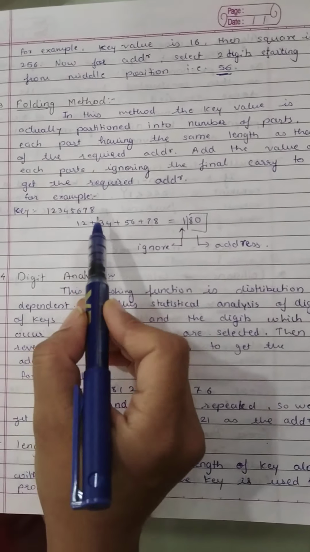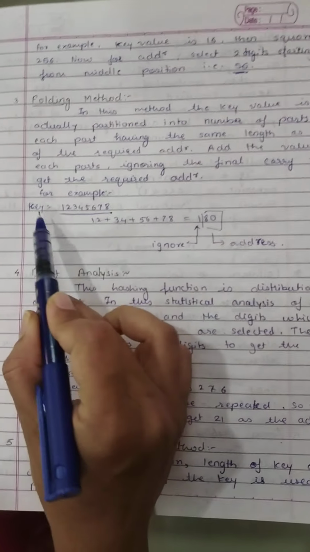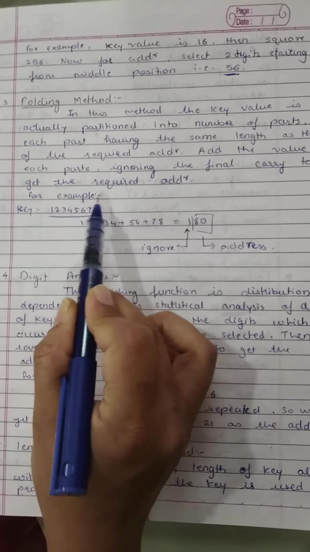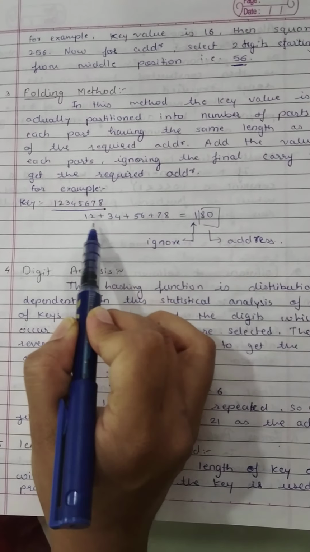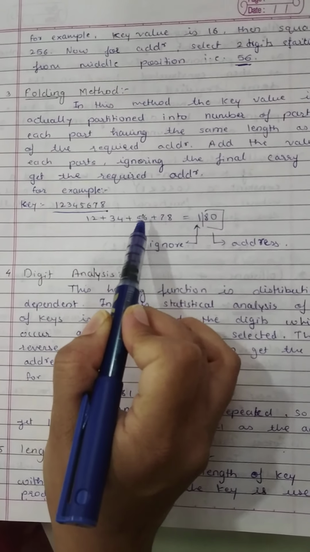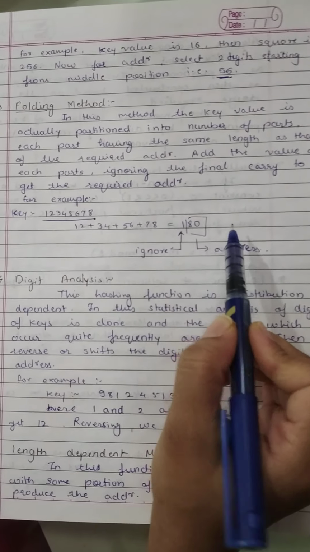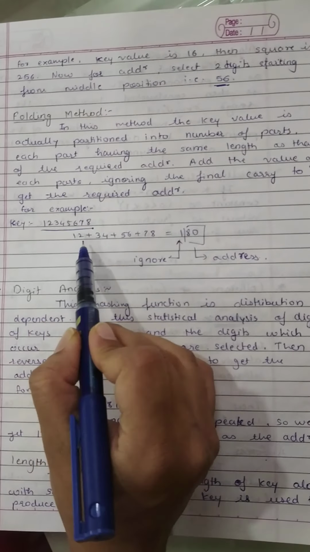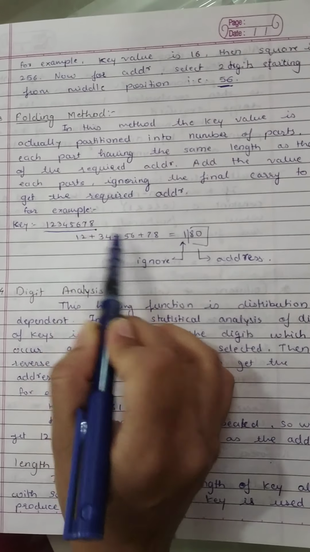Here the example is given. In that example, this key is given which has length 8. Then divide that particular key into a number of parts, and each part has length 2 only, because the memory location should be 2 digits. Here 12 plus 34 plus 56 plus 78.